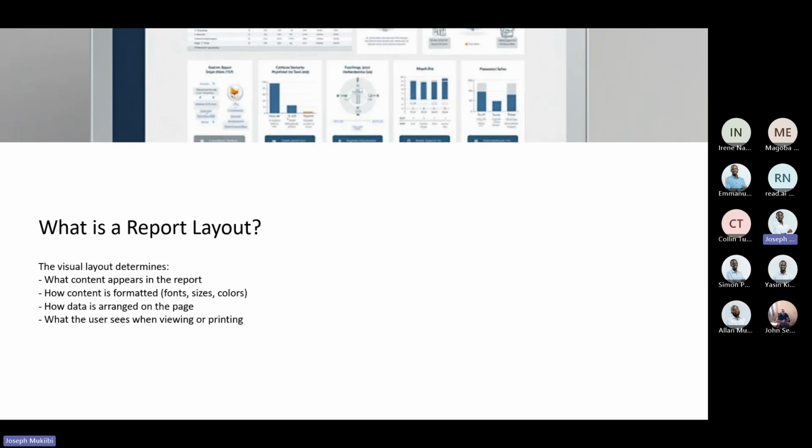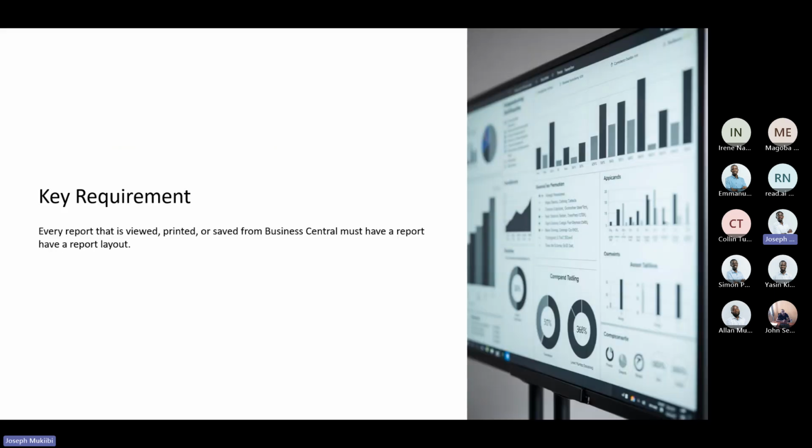The visual layout determines what content appears in the report, how content is formatted, how data is arranged on the page, what the user sees when they view or print the report. So you can do a Word report, as you're going to see in the next slide where I indicated. So it's the next slide.